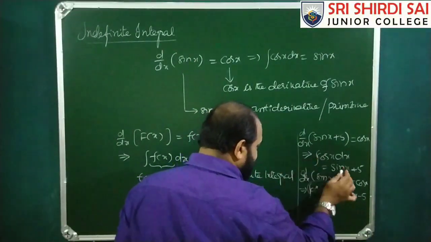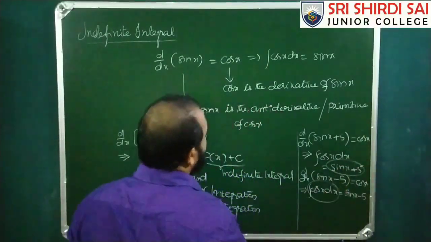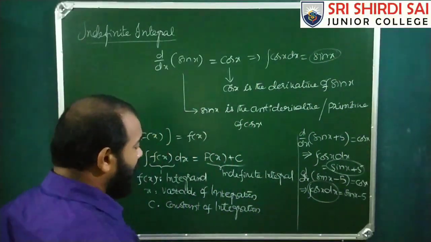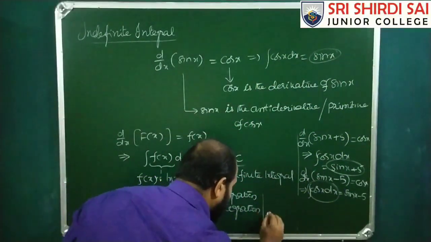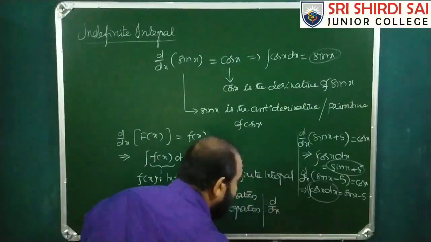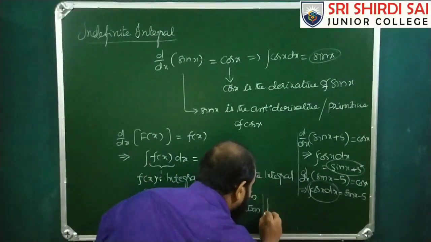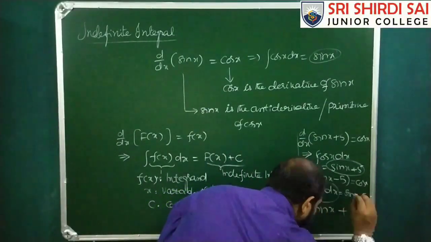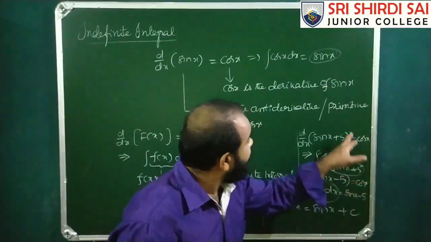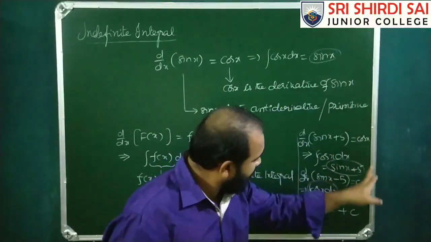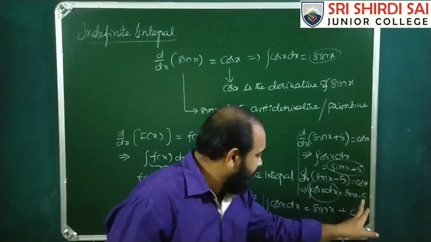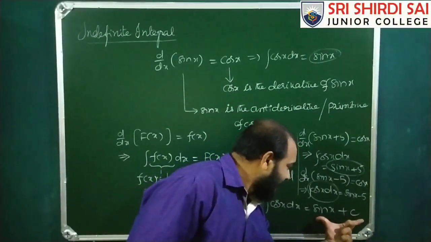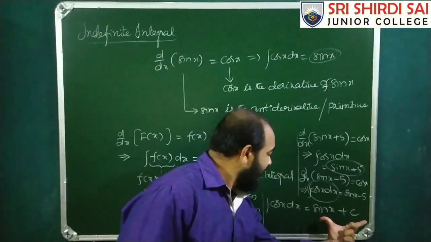Therefore, can we reach a conclusion that integral cos x dx is equal to sin x plus c, because in this situation c is 0, here c is 5, here c is minus 5. Therefore, this sin x plus c, if we generalize, is called the indefinite integral.